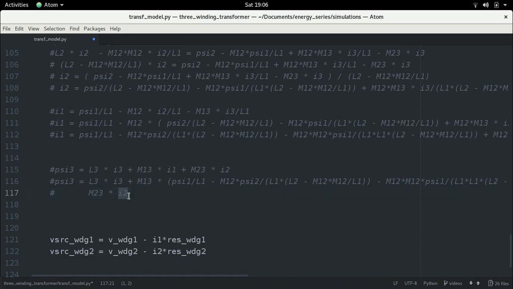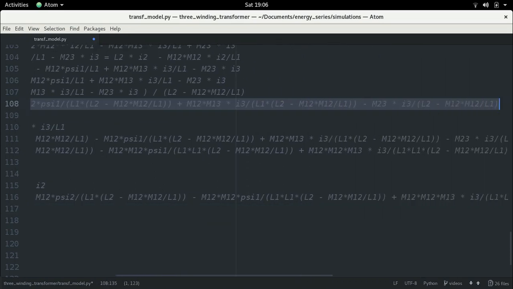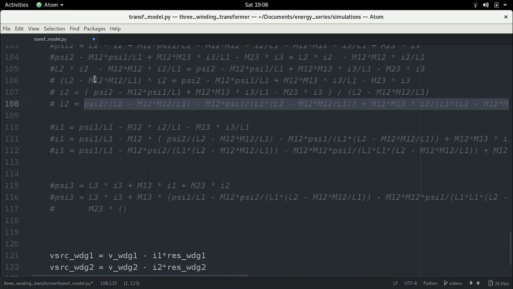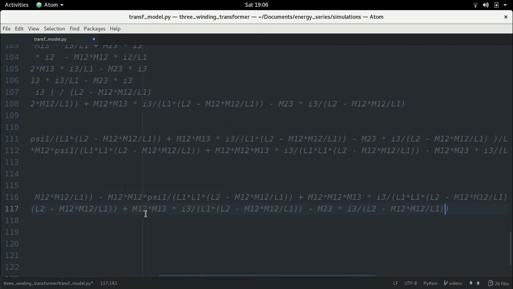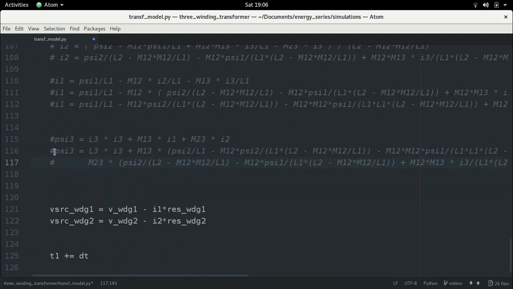So all I have to do is remove this I2, put a parenthesis, and copy this expression of I2 that we got before. So this is I2 in terms of I3, and of course the flux linkages. So this is now our expression.